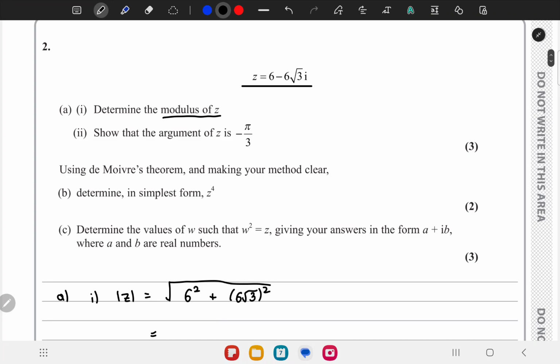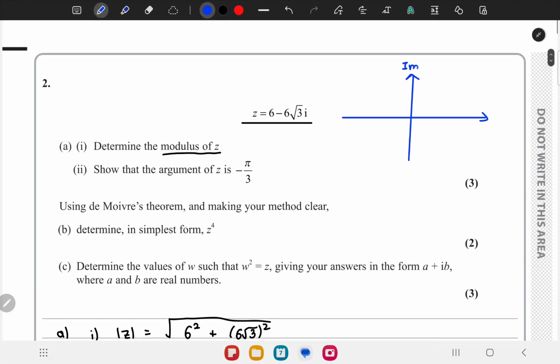So if we draw this, if we represent this number on the complex grid, this will have a real component of 6, so 6 on the real axis and minus 6 root 3 on the imaginary axis. So 6 root 3 over here, it will be somewhere over here.